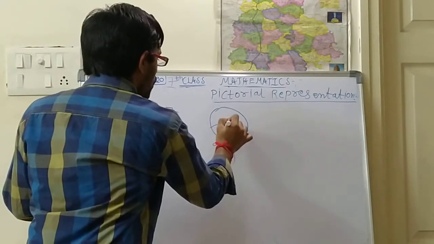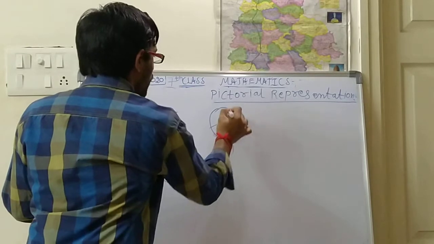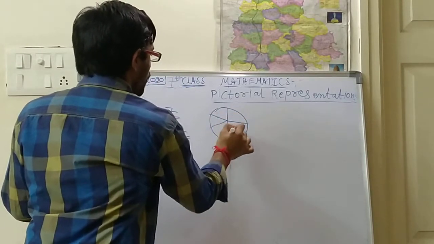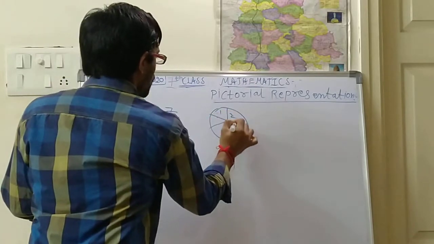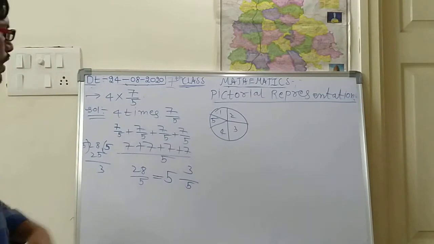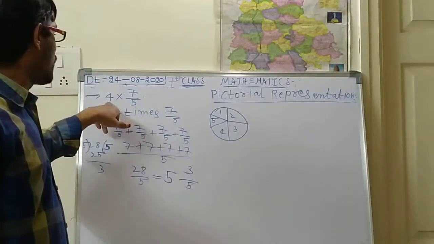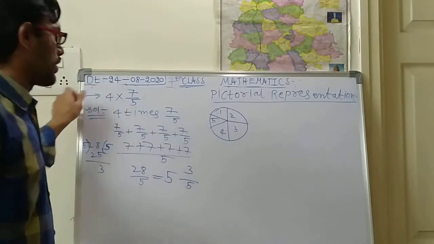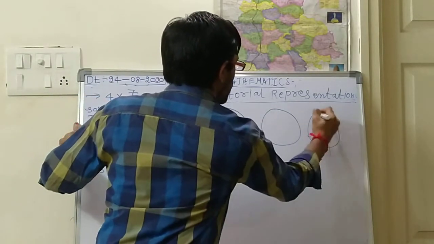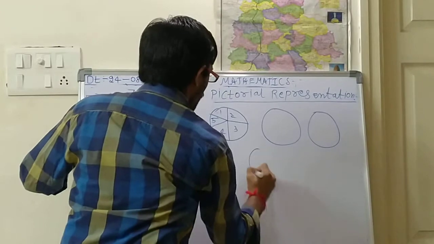1 2 3 4 5. Okay, 5 parts are there. So like this, how many circles you should draw? 4 circles. Okay, so 1 2 3 4.